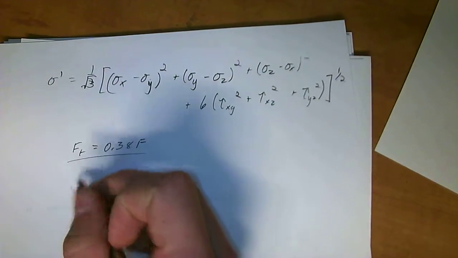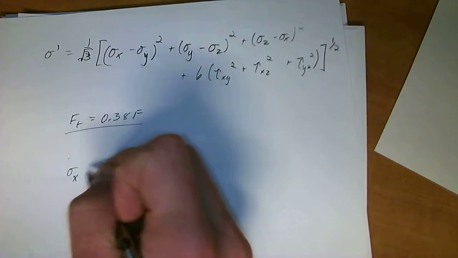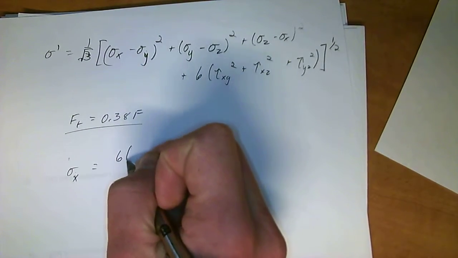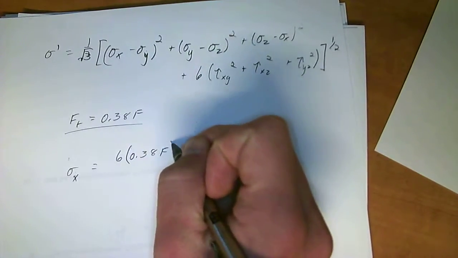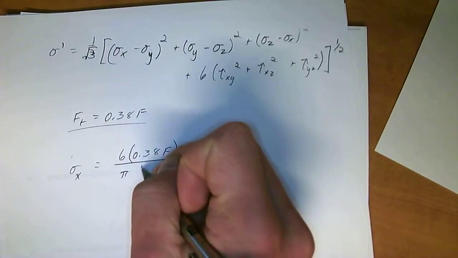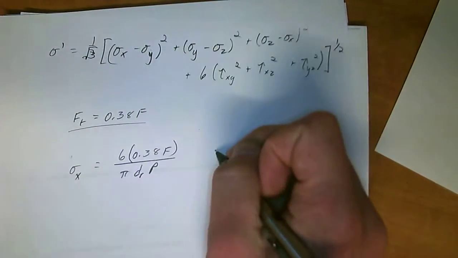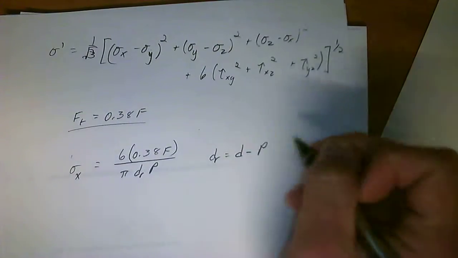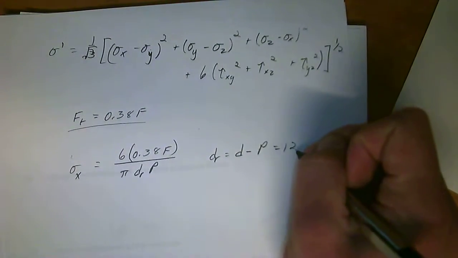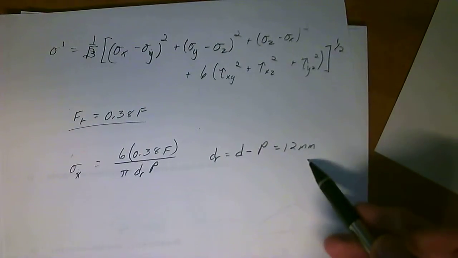But what you do is you use this Ft, in order to calculate sigma x, which is equal to 6 times 0.38 F all over pi dr p, where dr is equal to d minus pitch, which is equal to 12 millimeters. So 14 minus 2 is equal to 12 millimeters.